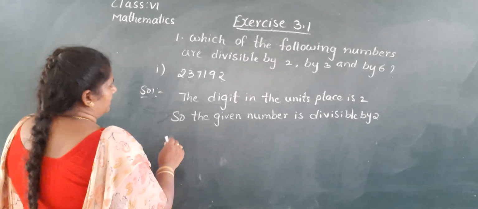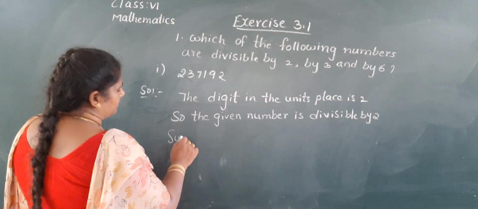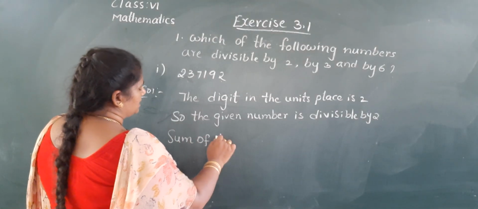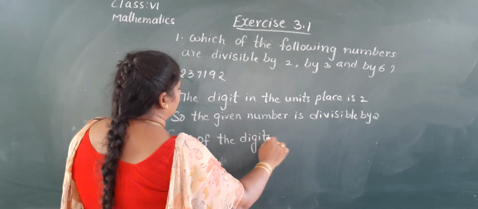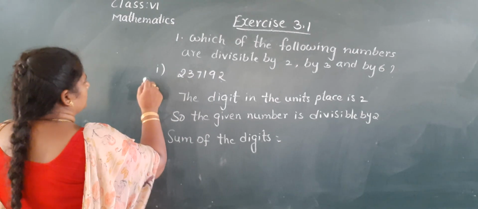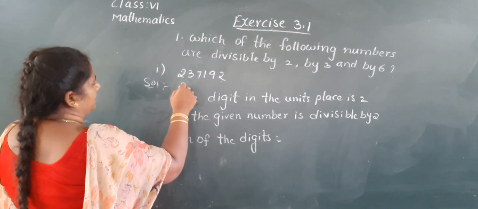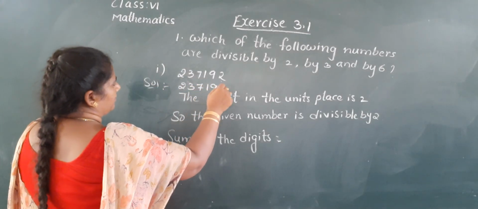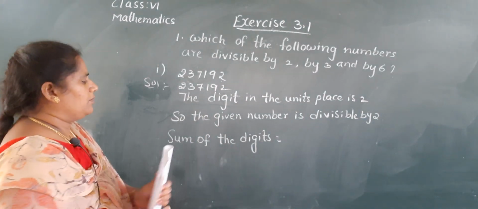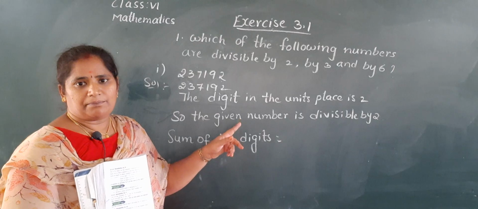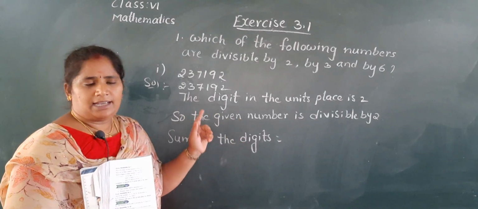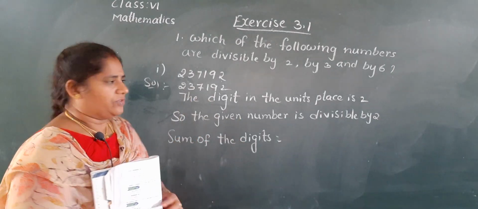Next, the sum of the digits. Now you have to add the digits. In the solution, first you write down the number. What is the divisibility by 3? If the sum of the digits of the given number is divisible by 3, then it is divisible by 3. Check it.